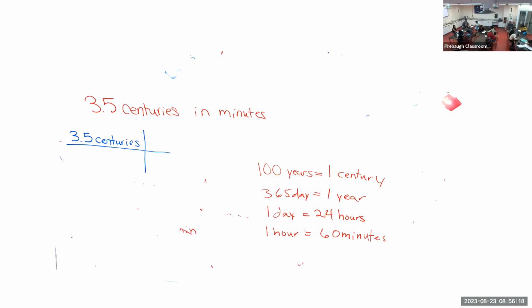Okay, so which conversion am I going to use first? Years. So we're going to put years on top. And then centuries. So we're using years and centuries. Who's going on top? Years or centuries? Years. Okay. So we're gonna put that 100 years on top, 1 century on the bottom.